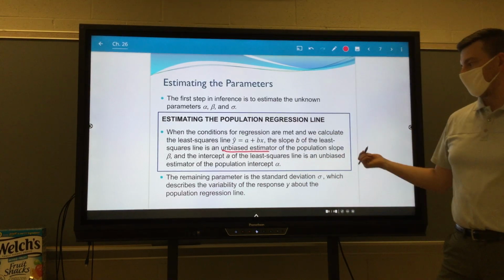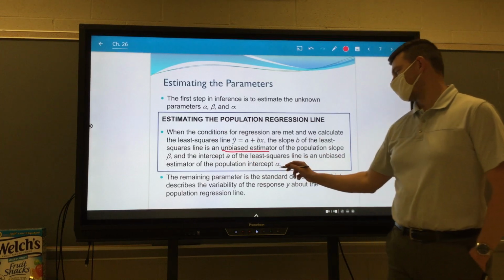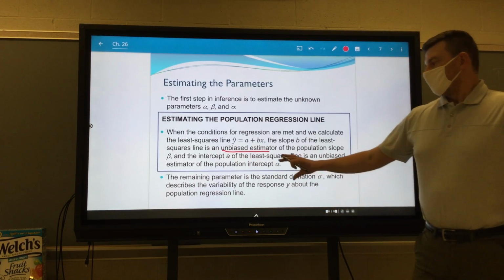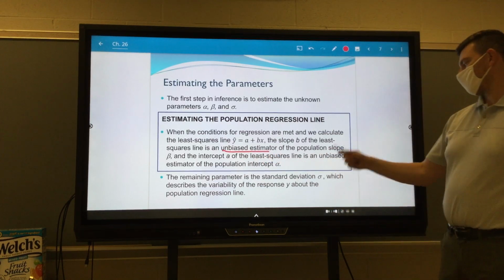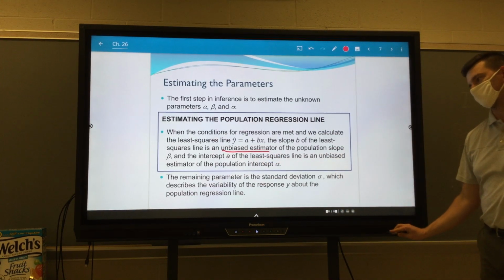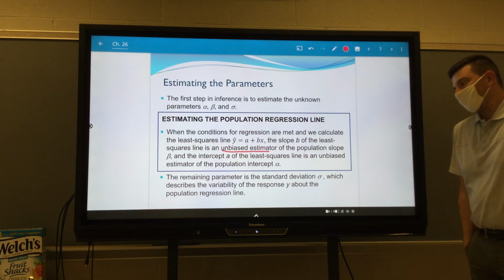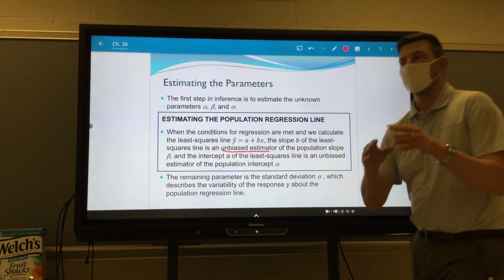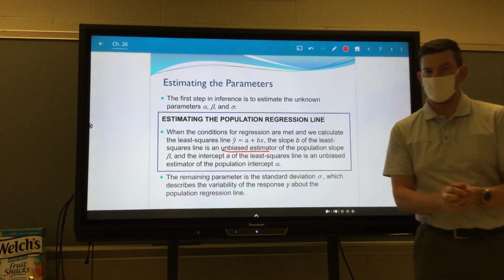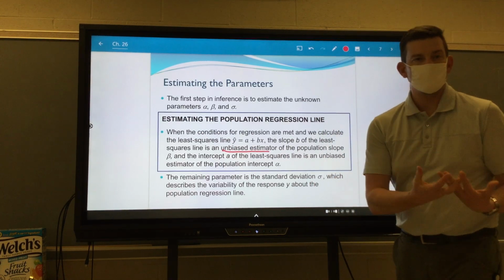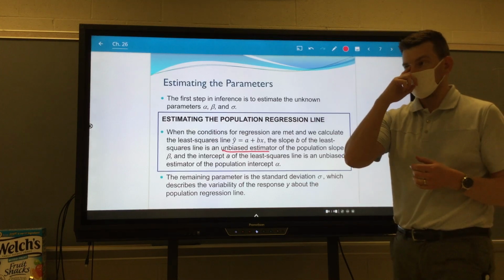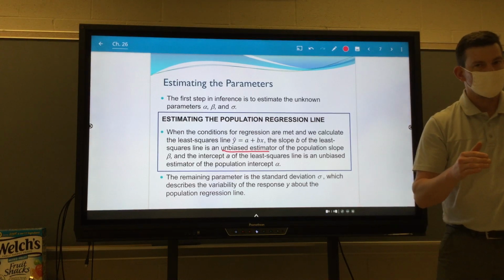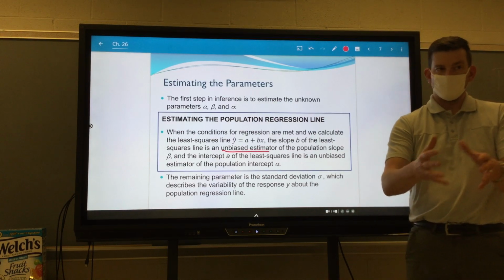That is going to be the unbiased estimator of the population intercept alpha. So we're going to substitute that in. The remaining parameter is sigma, this standard deviation. What we can do is look at what we predict from our model and what we got in our sample data and see how much variation there is between what we observed and what we expect.